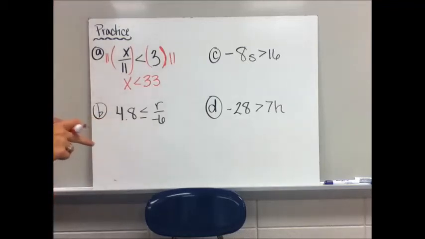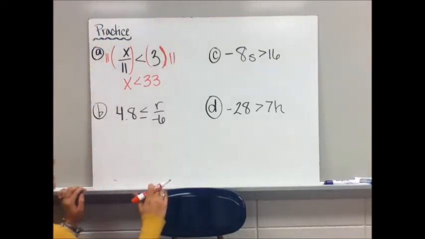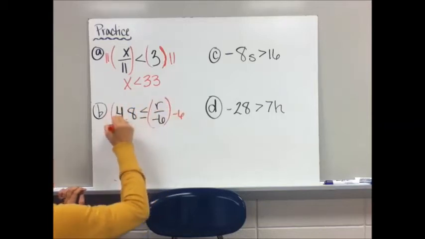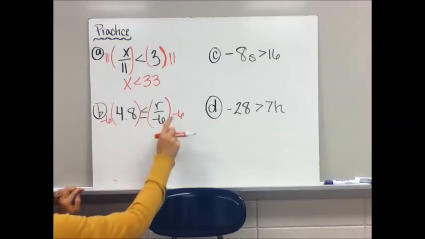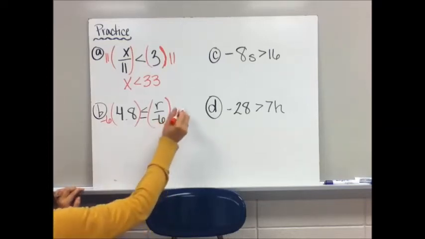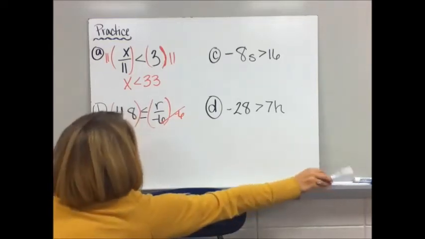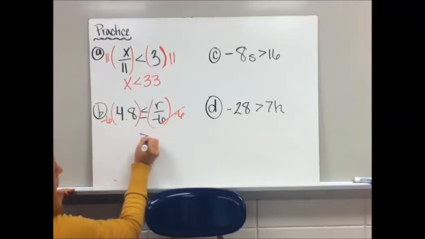Practice B. 4.8 is less than or equal to r divided by negative 6. To solve this, I'm going to multiply both sides by negative 6. Here's where I'm going to have to do some changing. Since I am undoing a negative, I'm going to have to switch the symbol from less than or equal to greater than or equal to.